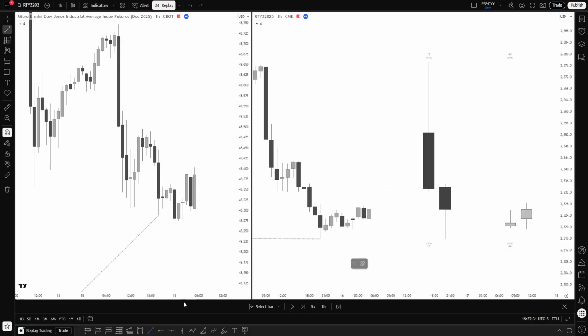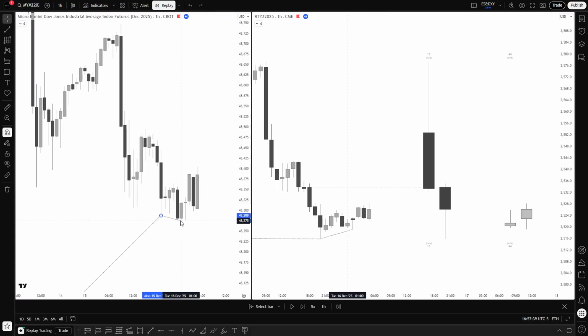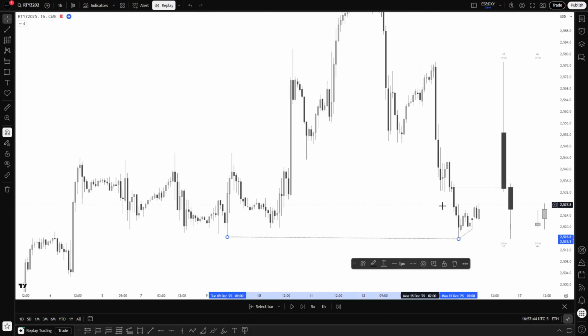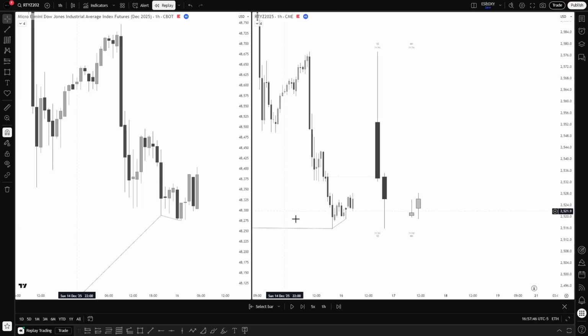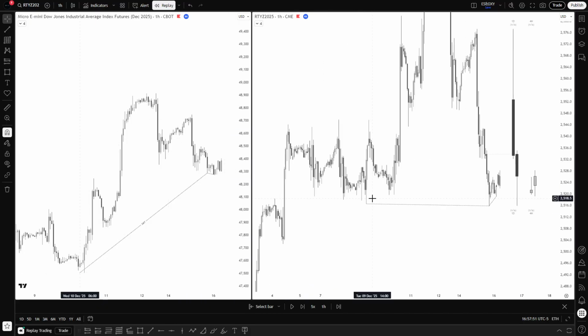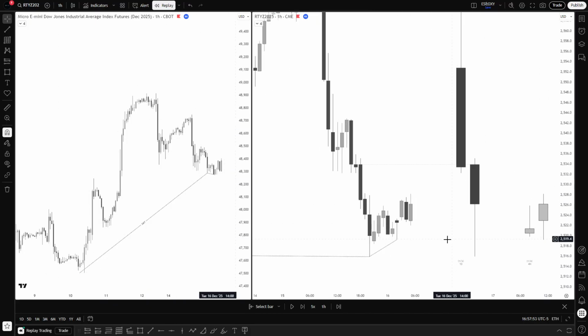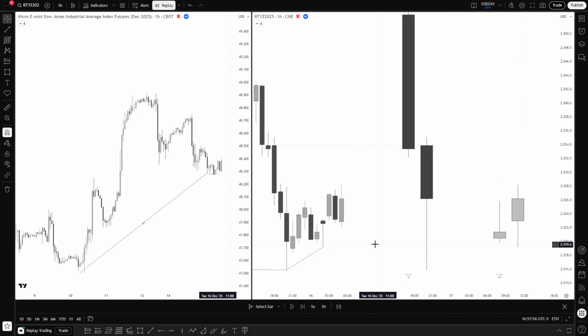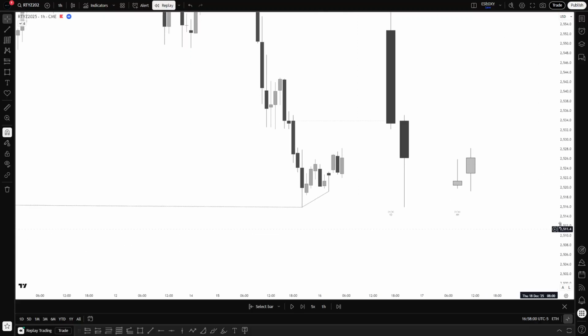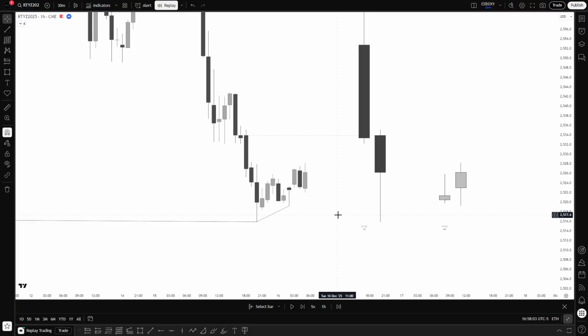Then we made a higher low on R2I, while YM made a low. So R2I was showing weakness at first, now strength to catch up to YM. YM is, like I said, in a premium of this range, while R2I is below the range. Assets must be correlated to expand. So let's go on.